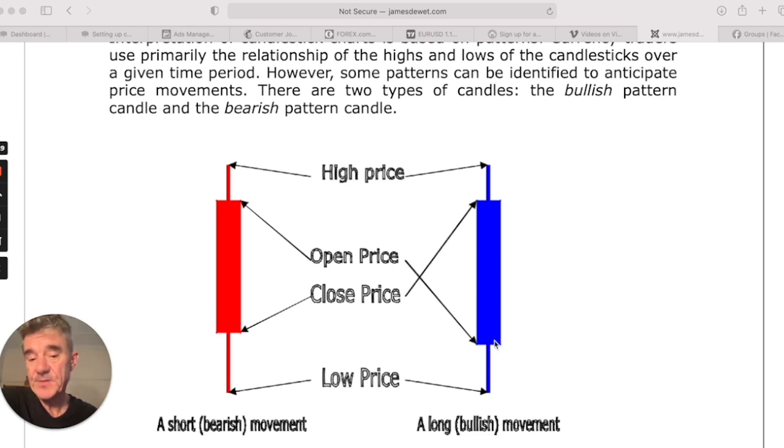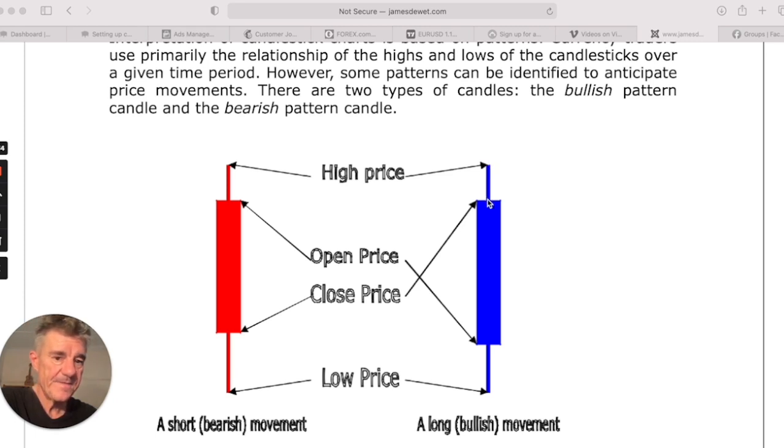Let's again surmise what may have happened. We don't know unless we look at shorter time periods, but it doesn't matter for the purpose of trading on hourly charts anyway. But let's just say the price opened here. It moved down. It formed a low. The lowest price it reached during that hour was over there. It moved all the way up. And the highest price it reached during that hour was at the top there.